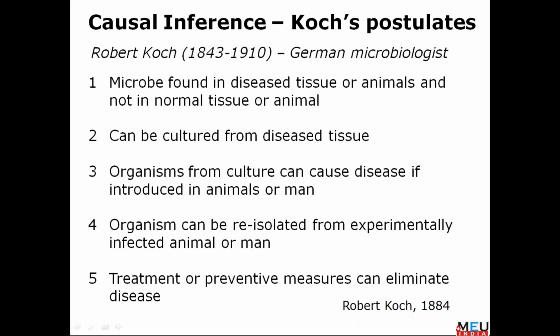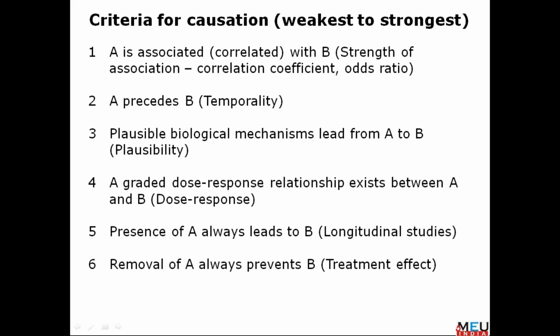The organisms could be re-isolated from the experimentally infected animal or man, and treatment or preventive measures could eliminate the disease. Now here everybody saw them, but he organized them in a systematic manner, and then there are certain criteria of causation from weakest to strongest.